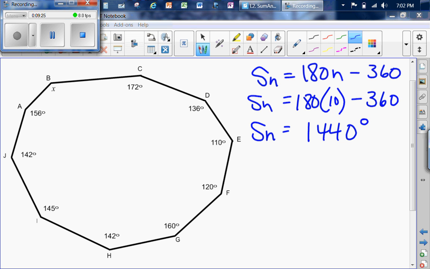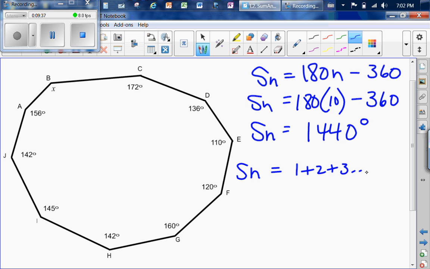Now that's the sum of all the interior angles, but we want to solve for x. So this is angle 1 plus angle 2 plus angle 3 and so on. If you add all of those up plus angle x, that's what we're looking for. So basically we need to take the sum of all of them, subtract all the others, and when you add that up it comes to 1283.